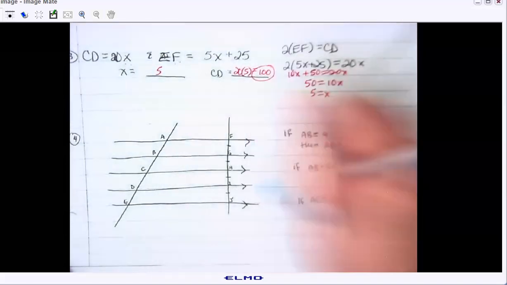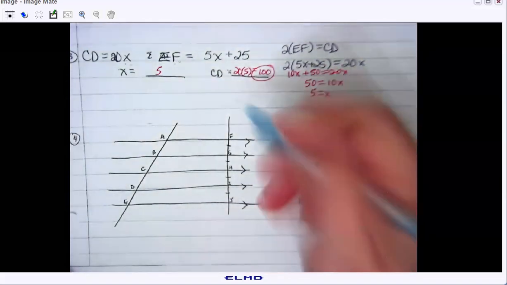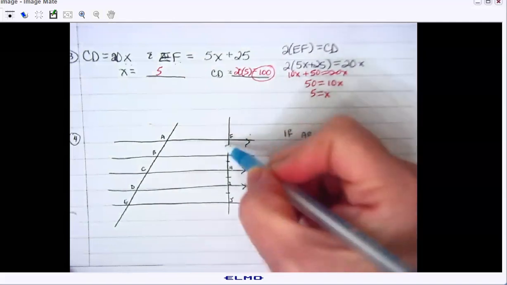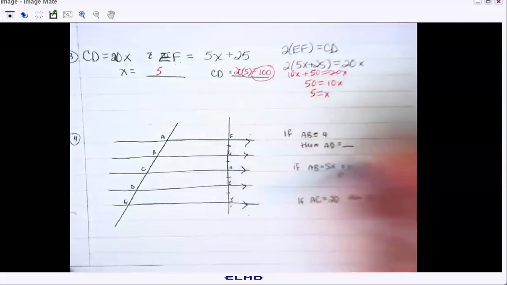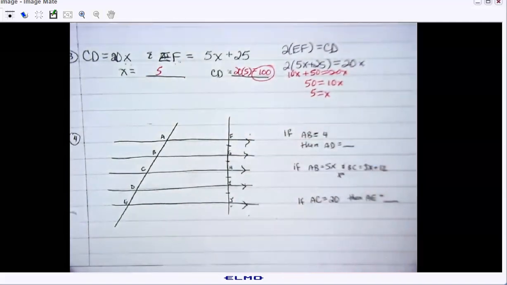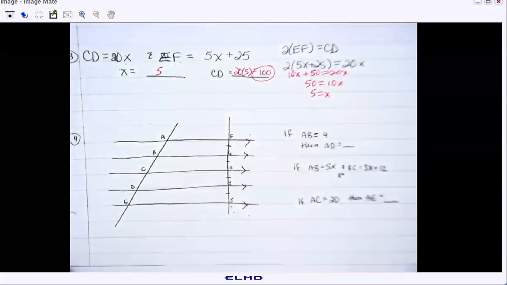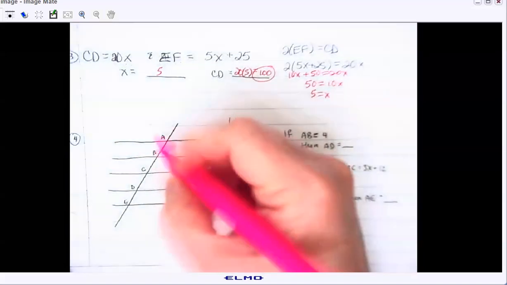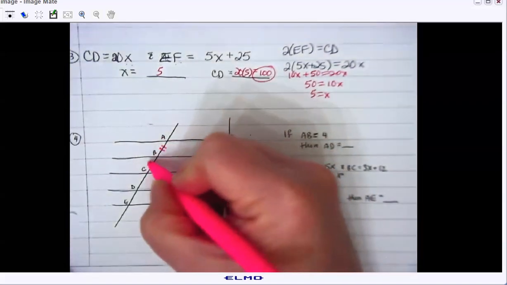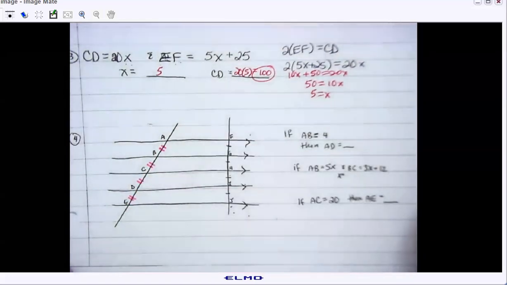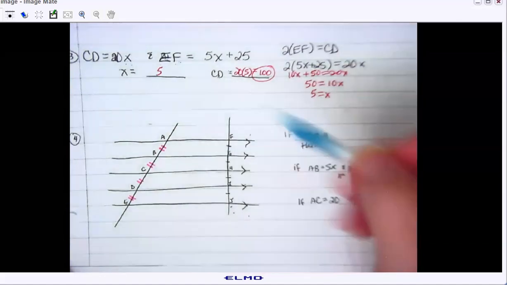So in order to do this problem, they have to tell you certain things, like these lines are all parallel to each other and the intervals in between them are equal. If you know the intervals on this side are equal, then the intervals on this side also have to be equal. They don't have to be equal to each other, but they will be equal.